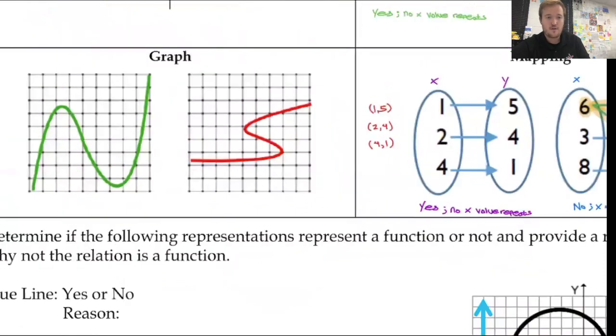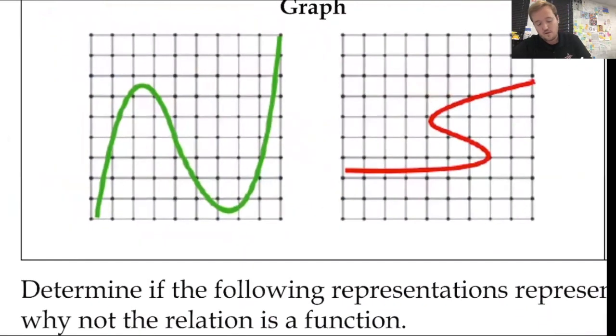All right, so now looking over here at graphing. With graphing, we're going to do what we call the vertical line test. Because technology is so amazing, I'm literally just going to draw a vertical line and make it a little bit more obvious. I want to see if this relation is going to hit my vertical line at more than one point at any time.